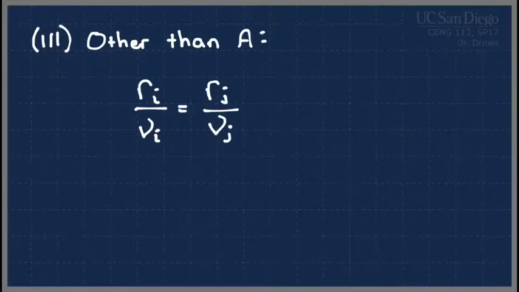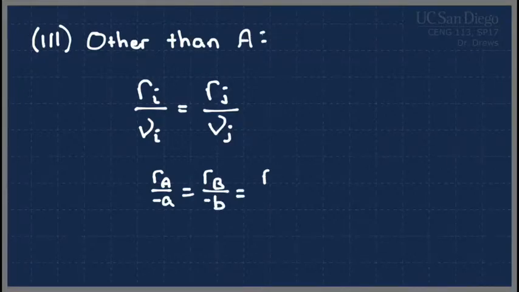If I destroy one molecule of A and the reaction is A goes to B, I must be getting one molecule of B. So often you'll see this written as something like r_A over minus a is r_B over minus b, r_C over c, and r_D over d. Right, if you wanted to write that for that generic reaction that we have, A plus B goes to C plus D, that's what that expression ends up looking like. But the general one is the one up top.